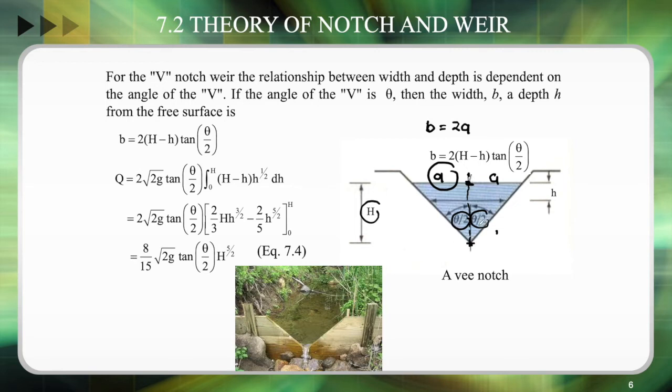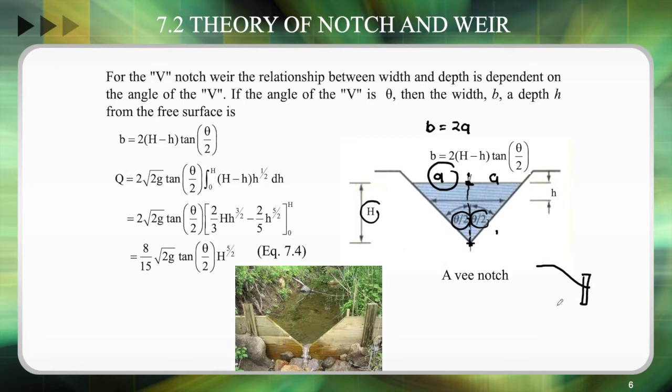When it flows through the V notch, the water will not discharge with the capital letter H, but there is some decrease and the flow of water will be reduced.